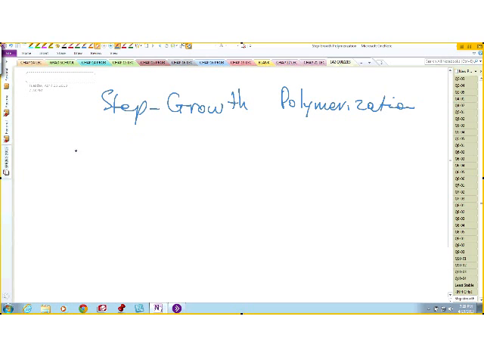Now, if you take this molecule here, that's a diacid chloride, and you take this amine, and then you take this diacid chloride, these two will react.